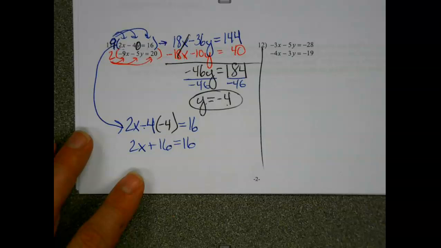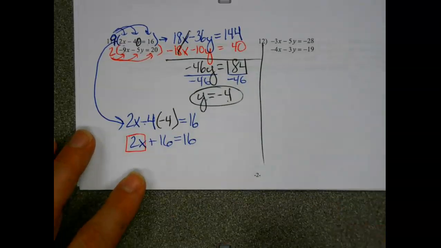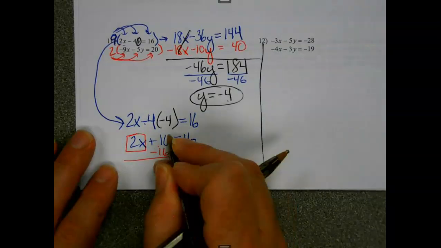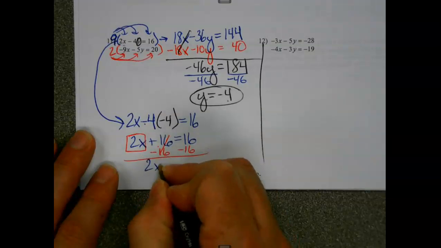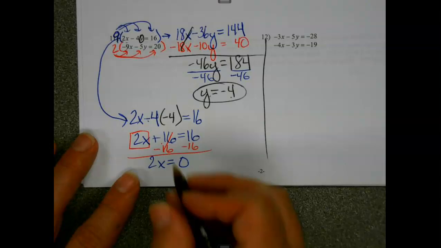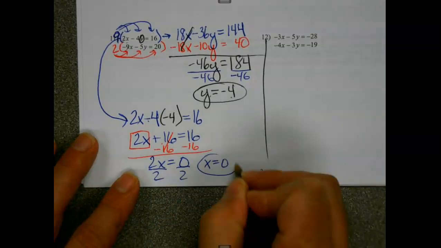Lots of little things. Opposite of adding 16. Yes, there is still something there on the other side. It's not just gone. It's still 0. And we can divide 0 by something. We just get 0.